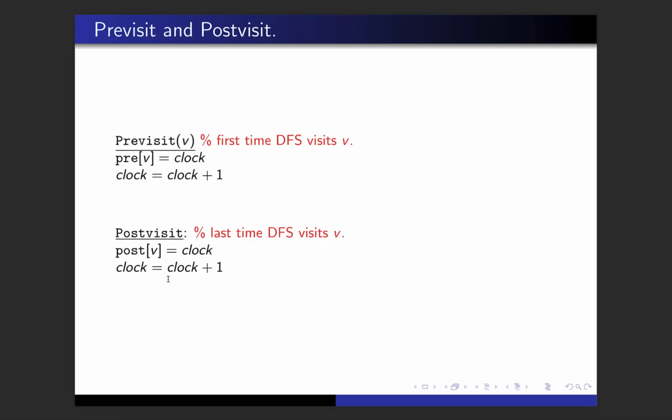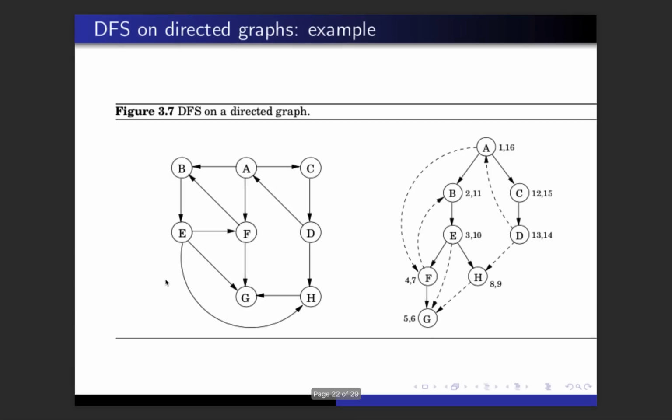The clock, if you want, is time moving, and every moment in time, something is happening. You are either visiting a vertex or exploring a new vertex or doing something in DFS, and you're keeping track of all these important moments.